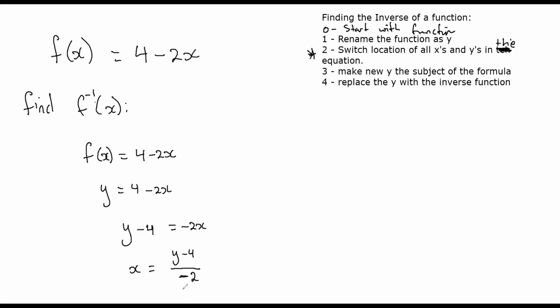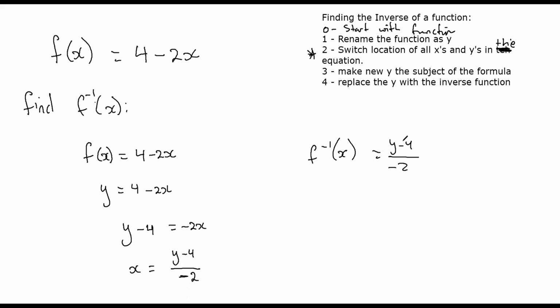Now, I know we say replace y with the inverse function, well, we have to replace x with the inverse function, right? So now you have f inverse of x is equal to y minus 4 over negative 2. But something is wrong here, because there's no x in this.